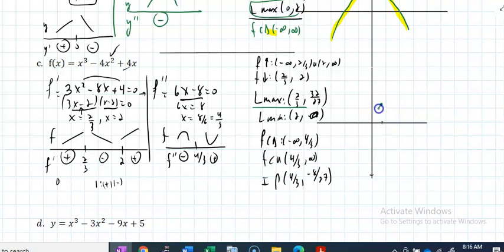That's a maximum. Maximums look like this. And we have a minimum at 2, 0. Minimums look like this, right? And we have an inflection point at 1 and 4/3. Okay, that must be positive. I messed up. So the graph looks, this is the inflection point.